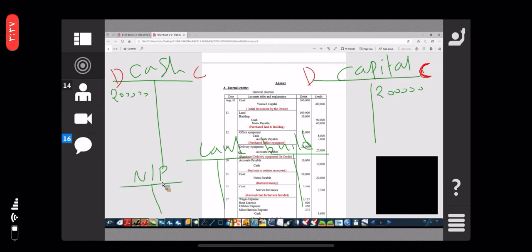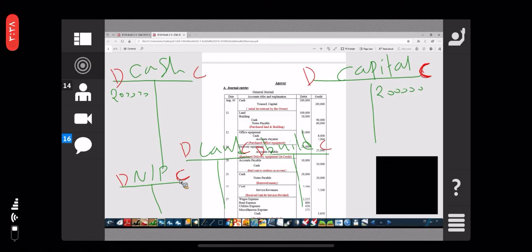Okay, so now we will go to the debit side. On the debit side, we have land and building. What's the amount for land? 100,000. So you will go to the debit side. This is the debit side. Debit, credit, debit, credit, debit, credit.